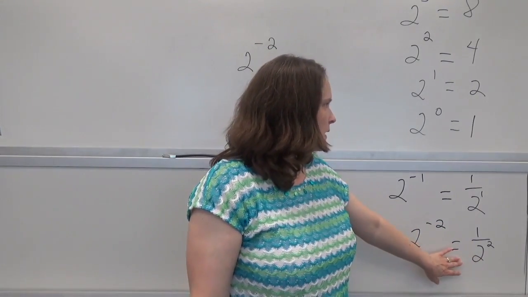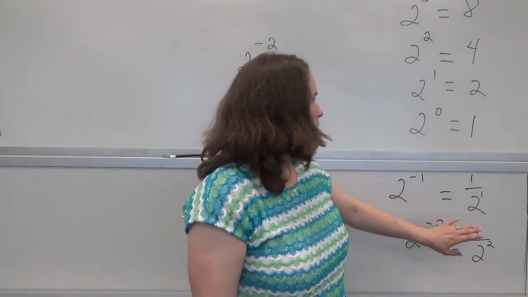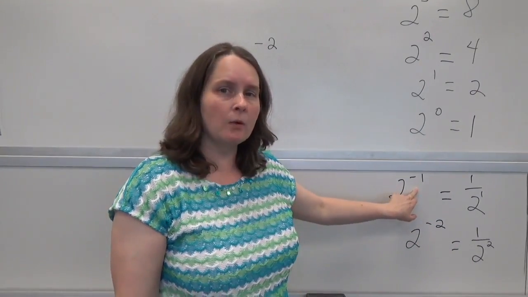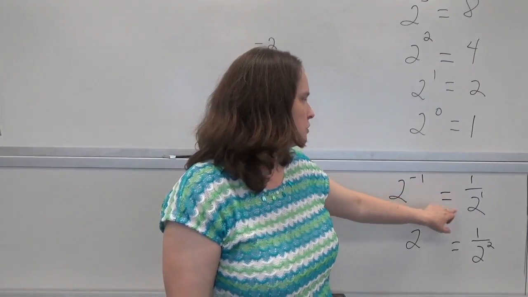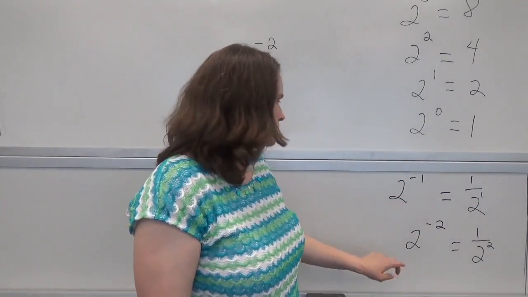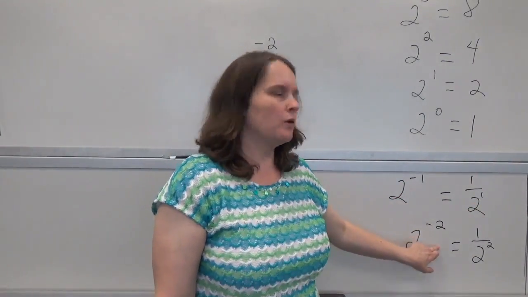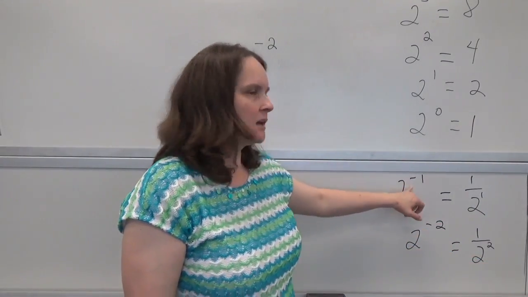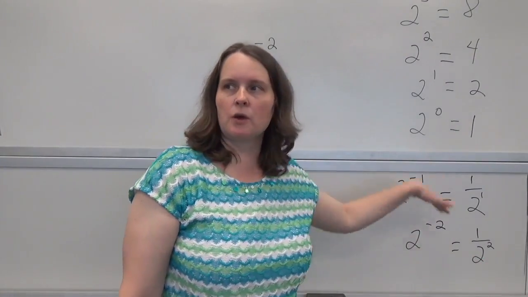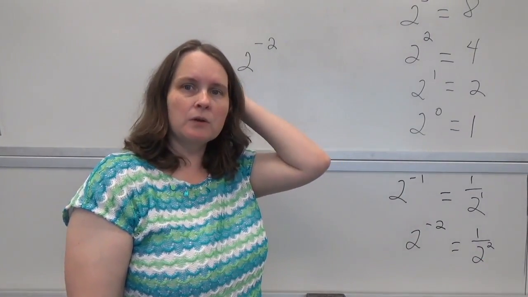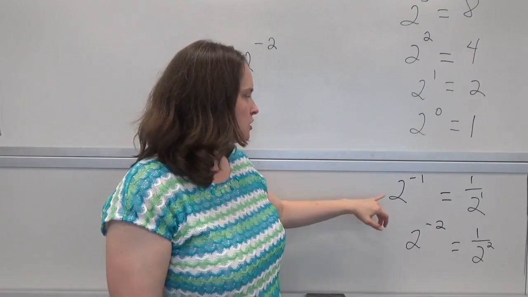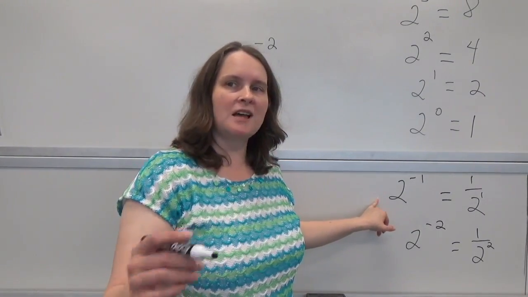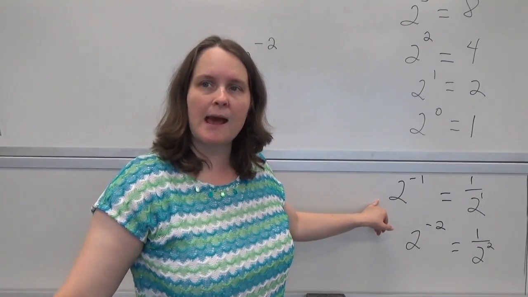And by writing it this way, we can see a new pattern starting to emerge, where we had 2 to the negative first power. That became 1 over 2 to the positive 1 power. 2 to the negative second became 1 over 2 to the positive second power. So what's happening with these negative exponents? The negative exponents are actually moving our base into the denominator of our fraction, and the sign of the exponent is changing when that happens.